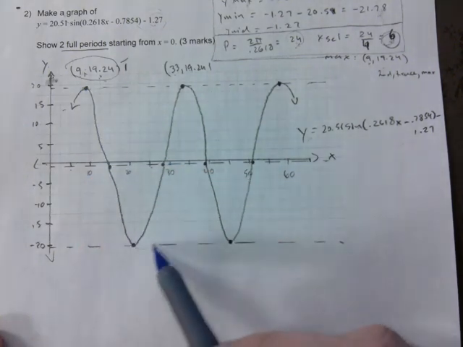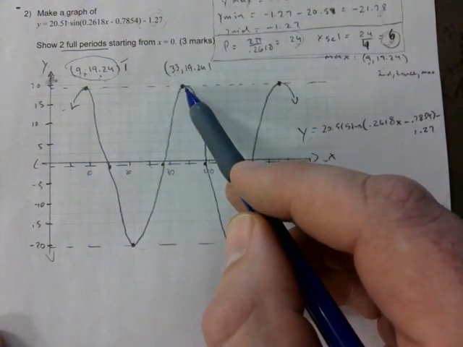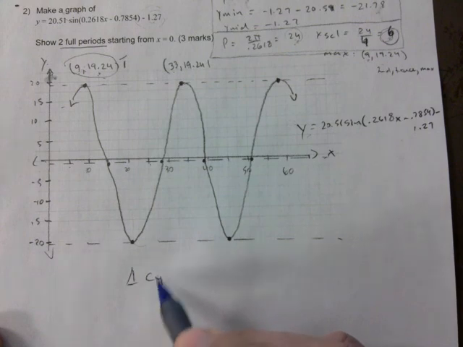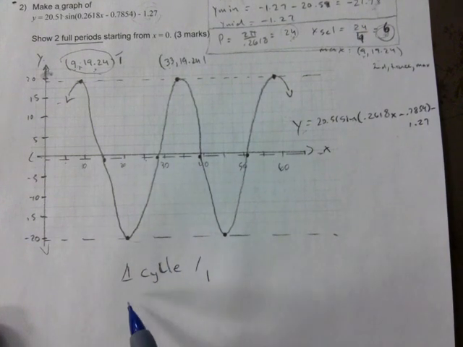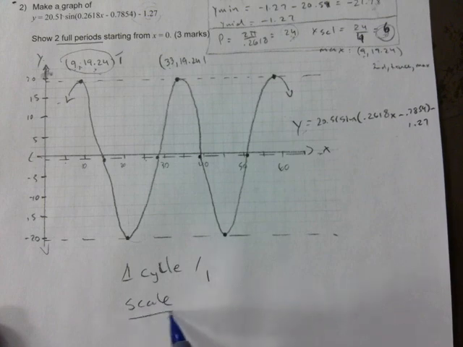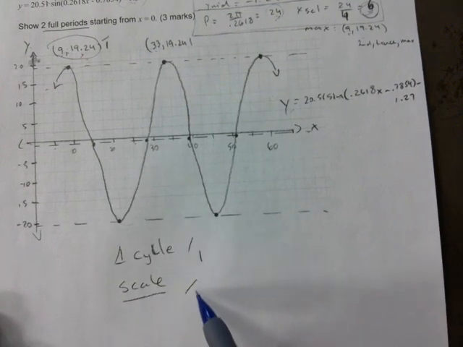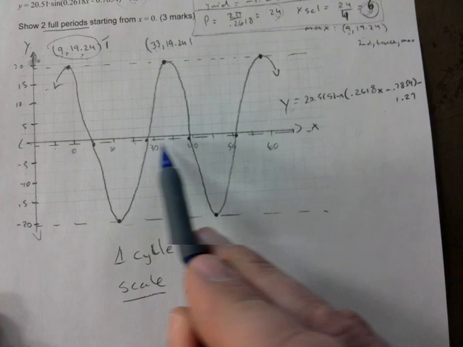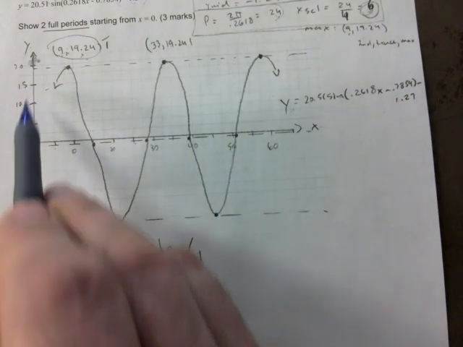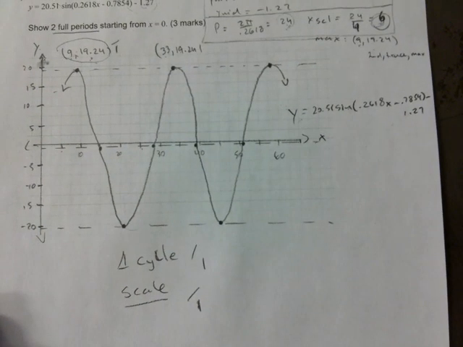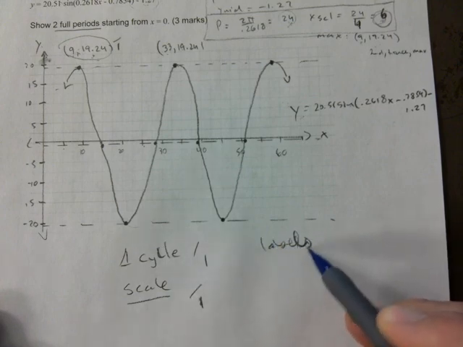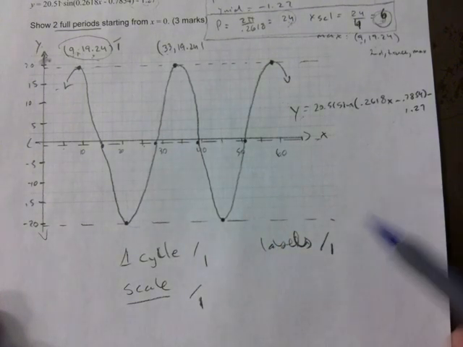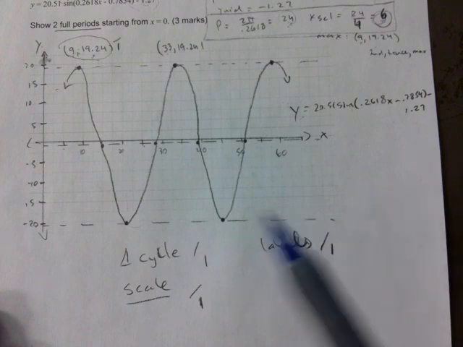If you have 1 cycle, you get another mark for that. And then the scale, that's very important to me. The scale would be also worth a full mark, meaning you went up consistently in both x and y. So labels, we will do 1 in total, but if you forgot any of them, half off.